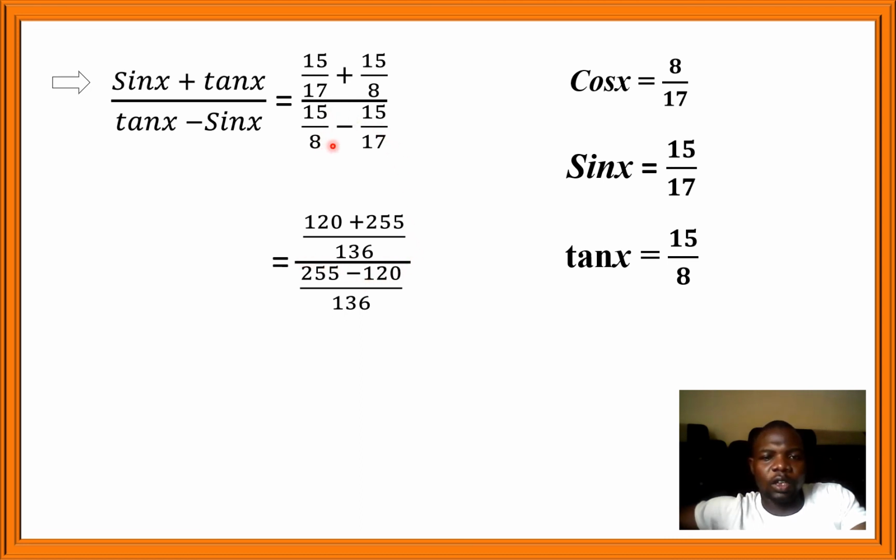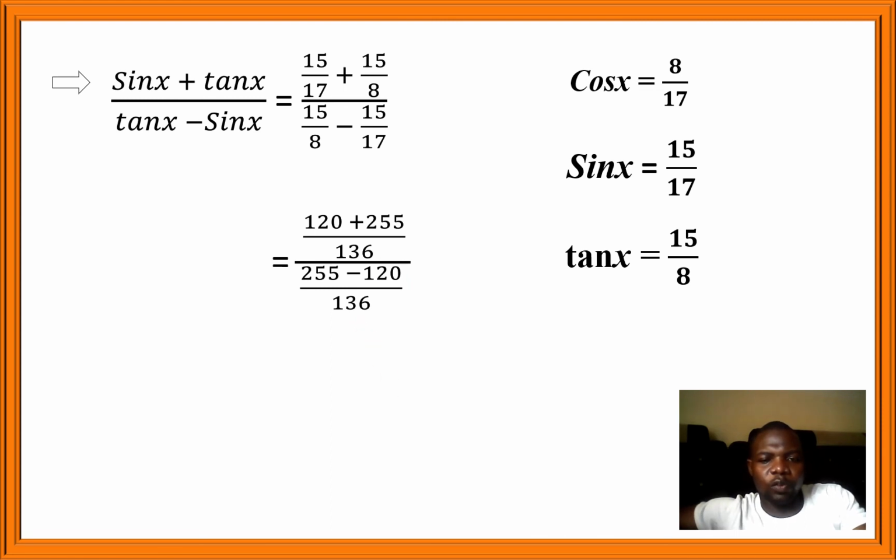All over 15 over 8 minus 15 over 17. The LCM again will be 136. 136 divided by 8 gives us 17 by 15, 255, minus 136 divided by 17, 8, 8 by 15, 120. So this will also be 255 minus 120 all over 136.